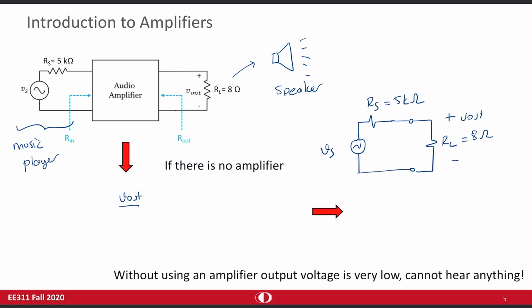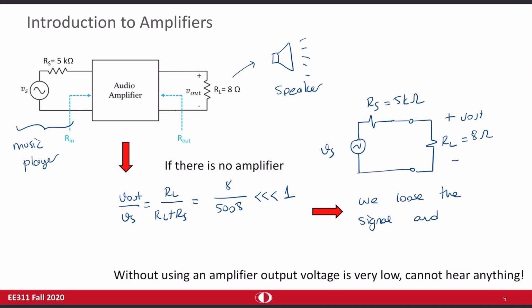V out divided by Vs will be equal to RL divided by RL plus RS, which is like 8 divided by 5008, which is very small, right? Much smaller than 1. Which means that we cannot hear any signal. So we lose the signal and we cannot hear anything on the speaker. So this is going to be a disappointment for you. You cannot listen to loud music.